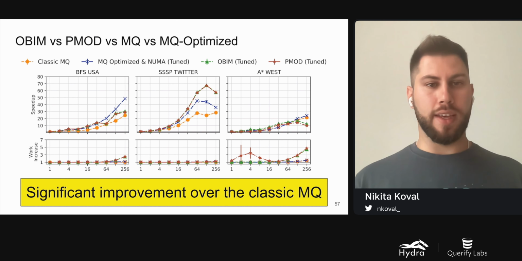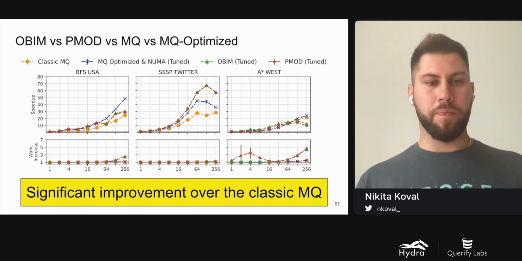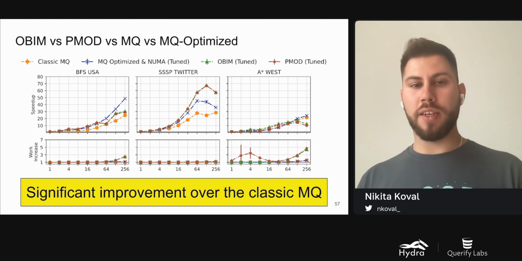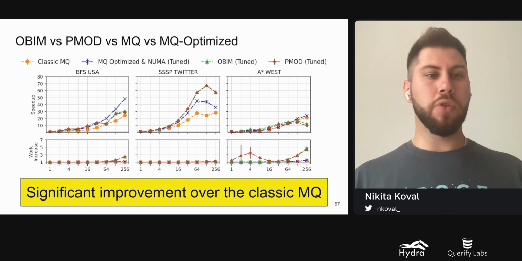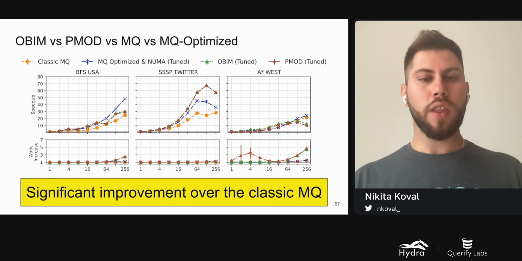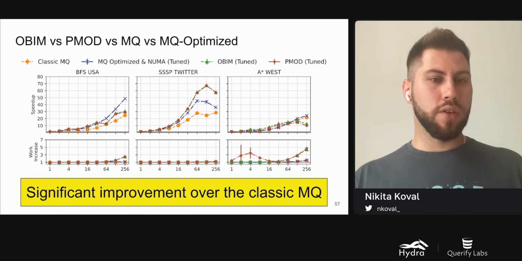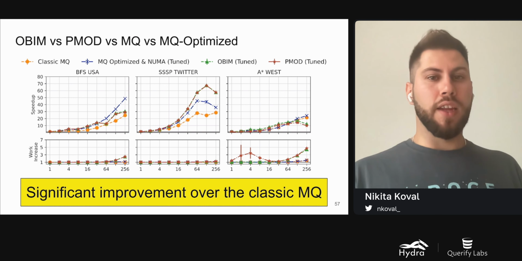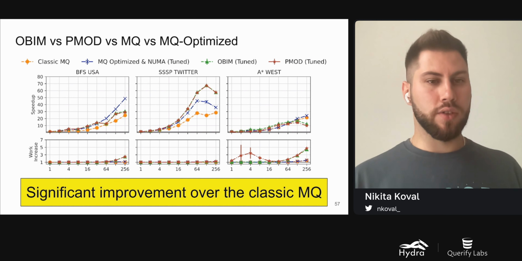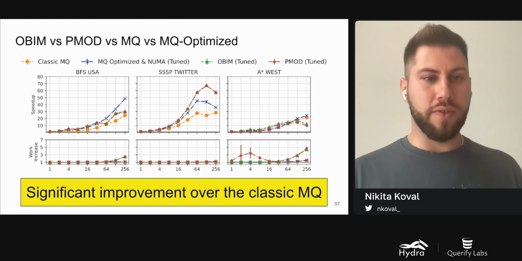And here we see that with these optimizations, the classic multi-queue design becomes much more efficient. For example, on the graph on the left, now this optimized multi-queue is much better than the P1, right? So it's almost twice faster.